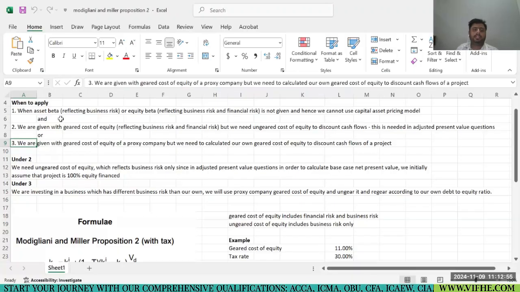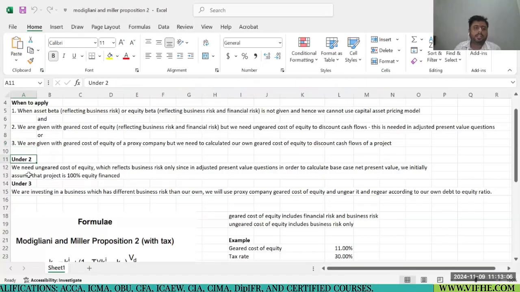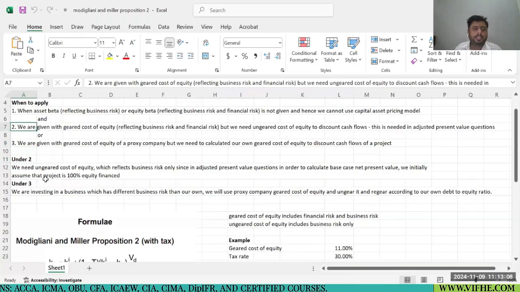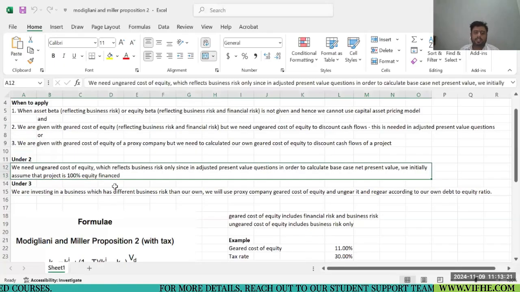Very similar to what we did in asset beta and equity beta and the capital asset pricing model. Now, I have written some more points under 2. We need ungeared cost of equity which reflects business risk only, since in adjusted present value questions, in order to calculate the base case net present value, we initially assume that the project is 100% equity financed and hence there is no financial risk, there is no debt.